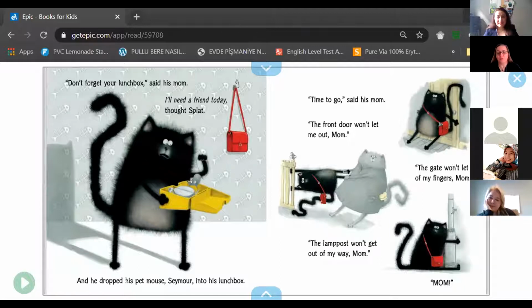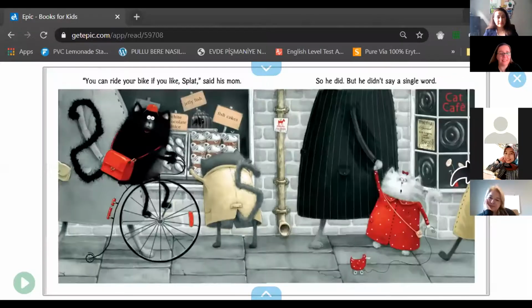The gate won't let go of my fingers, Mum. The lamppost won't get out of my way, Mum. You can ride your bike if you like, Splat, said his mum. So he did, but he didn't say a single word.